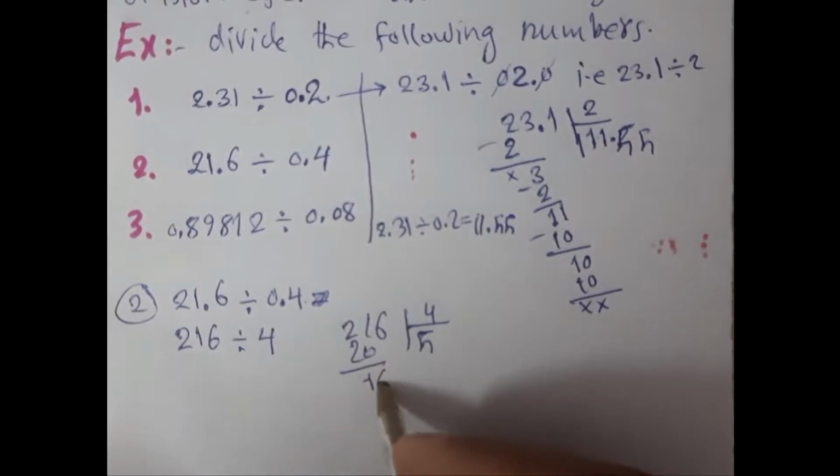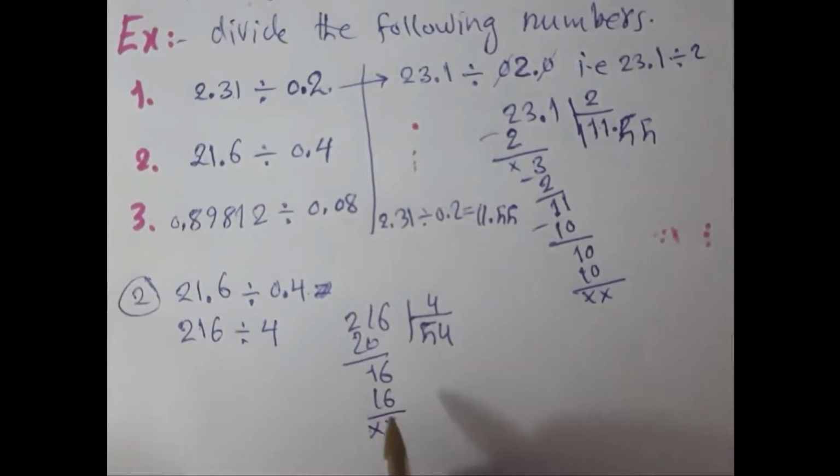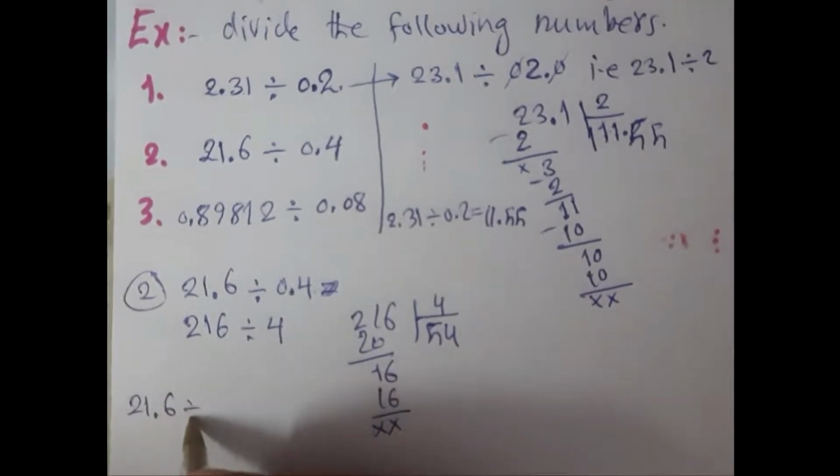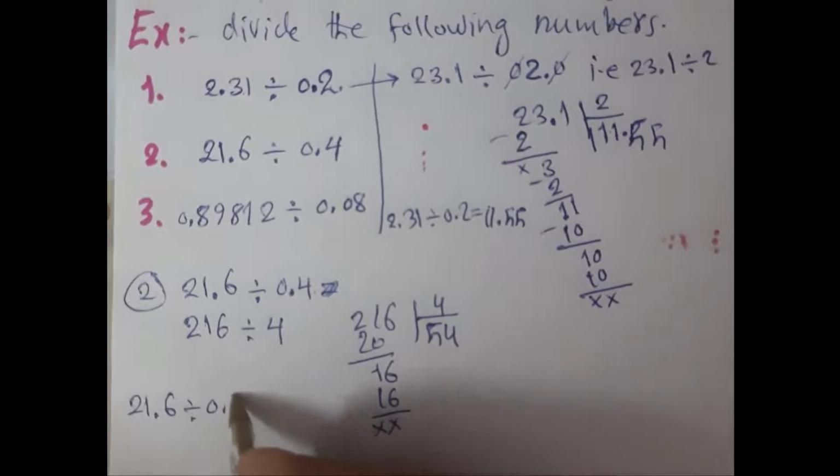Here 1, we bring down 6. 16 divided by 4, 4 times. 4 times 4, 16. There is no remainder. Therefore 21.6 divided by 0.4 is equal to 54.